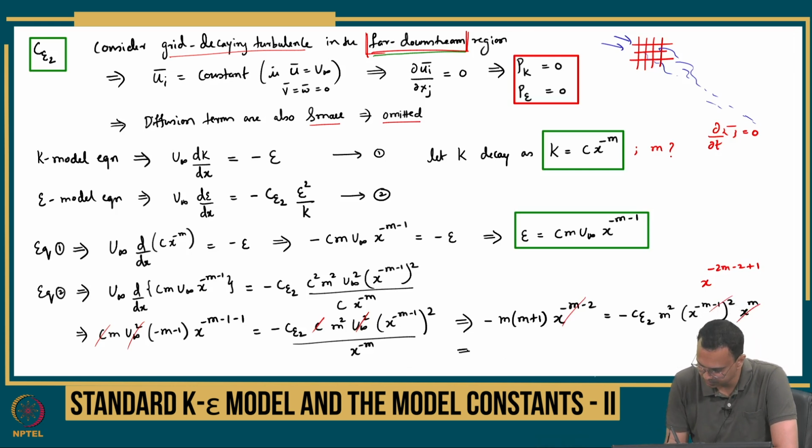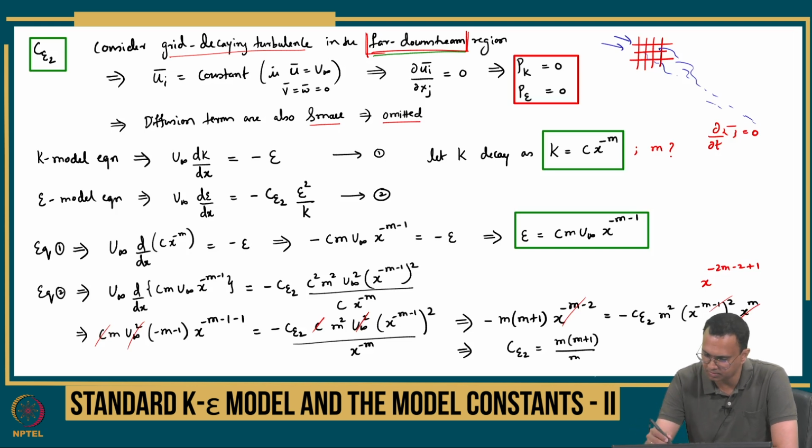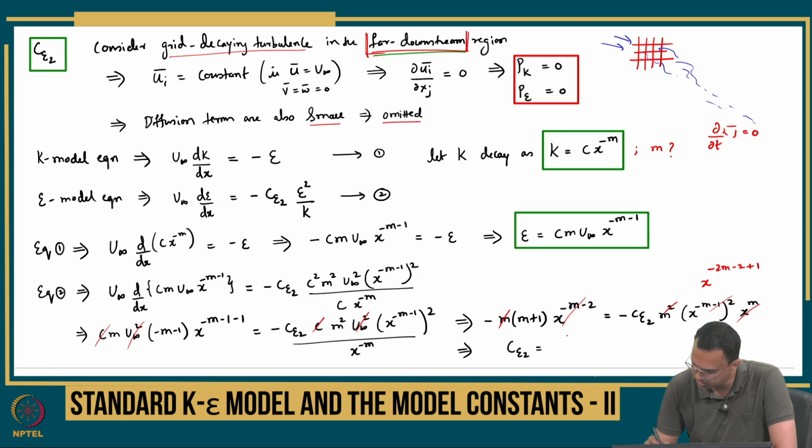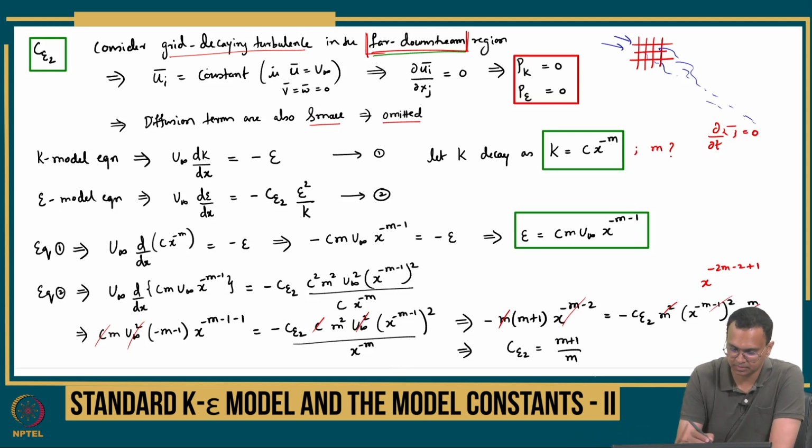So I get C epsilon 2 equal to just the ratio of m plus 1 by m square. m and m I can cancel, so I get essentially m plus 1 by m at the end.